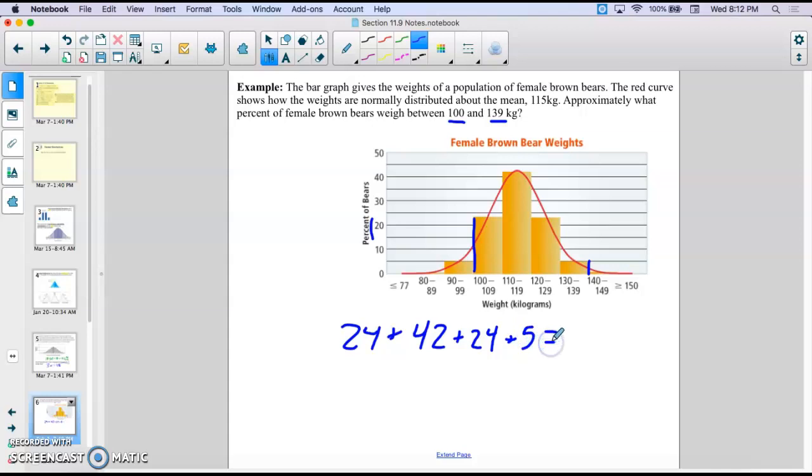We add all of those up. Let's see, that'd be 80, no, hold on, 88, 90, plus 5 would be 95%. Check my math on that. It's late and I'm exhausted.